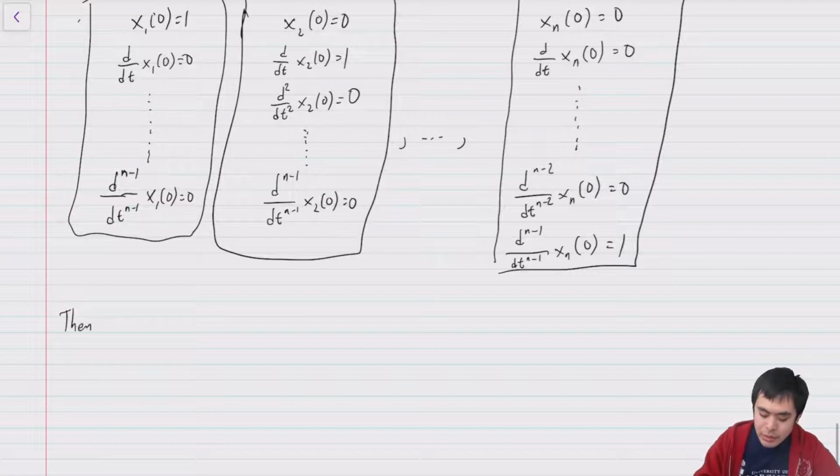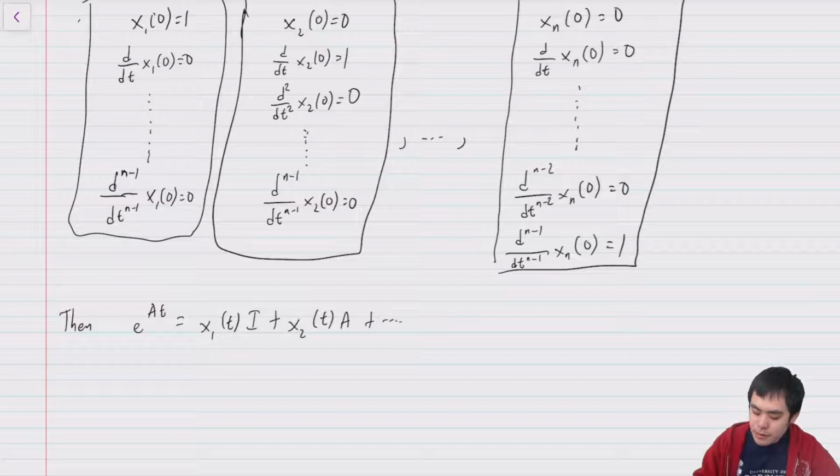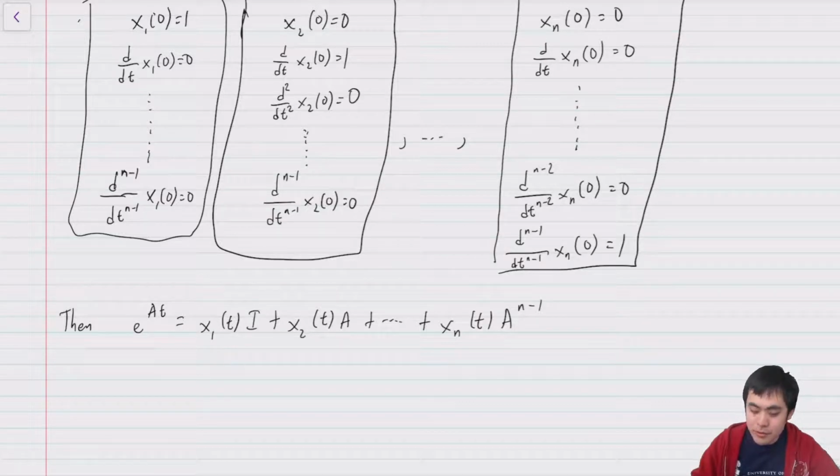Then it turns out, and I'm not going to go through the derivation in full, you can look up the source if you want to see it, that e to the At is equal to x1 of t times the identity plus x2 of t times A plus all the way to xn of t times A to the n minus 1.